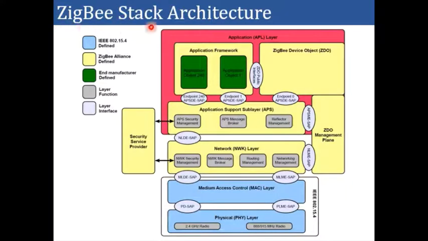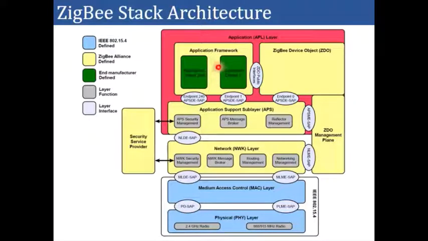Now, let's see the further details of the Zigbee stack architecture. Here you will see that the green ones are the applications which are being built by the system integrator or the end manufacturers who utilize the Zigbee stack to develop their own solution.